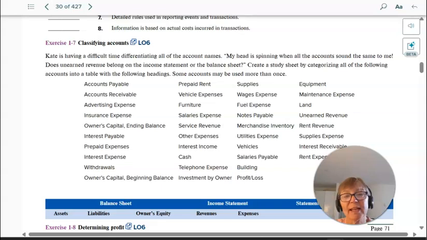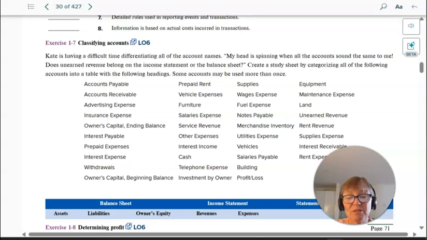So this would be like, say somebody booked a wedding with you and they had to put a deposit down. You paying me a deposit is an unearned revenue. I haven't done anything to earn that money yet, and I may have to pay it back to you. So therefore, it's a liability on our balance sheet.